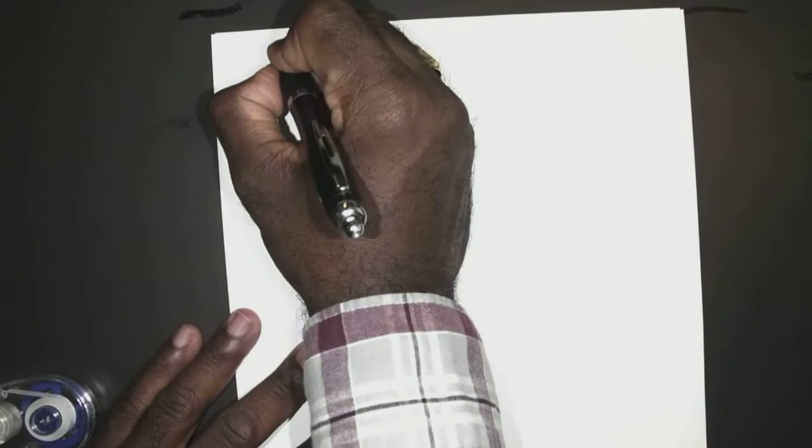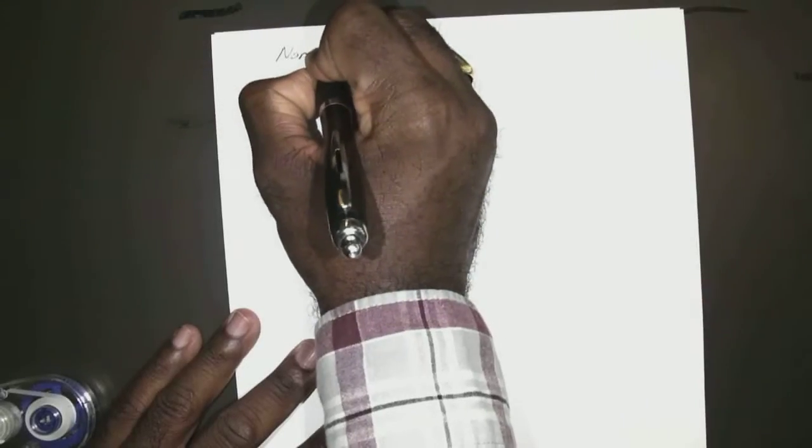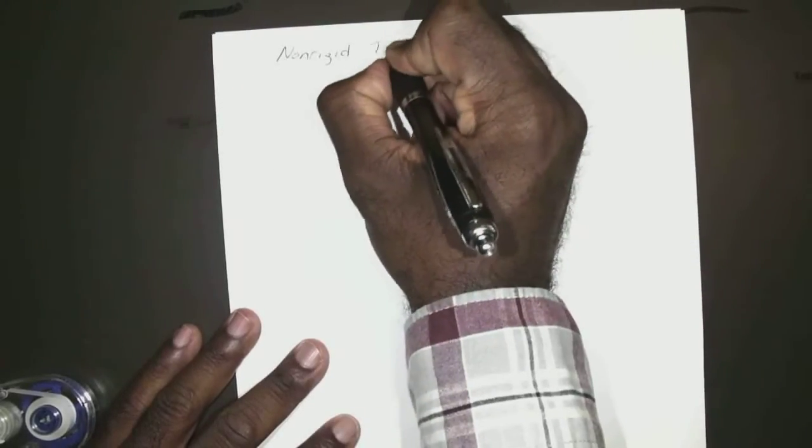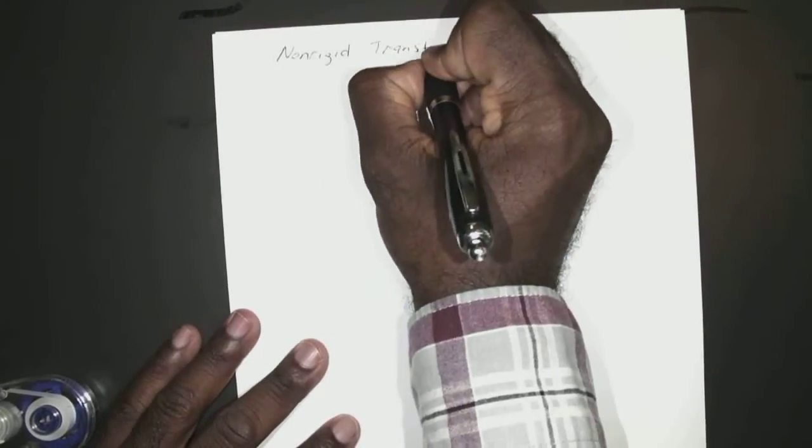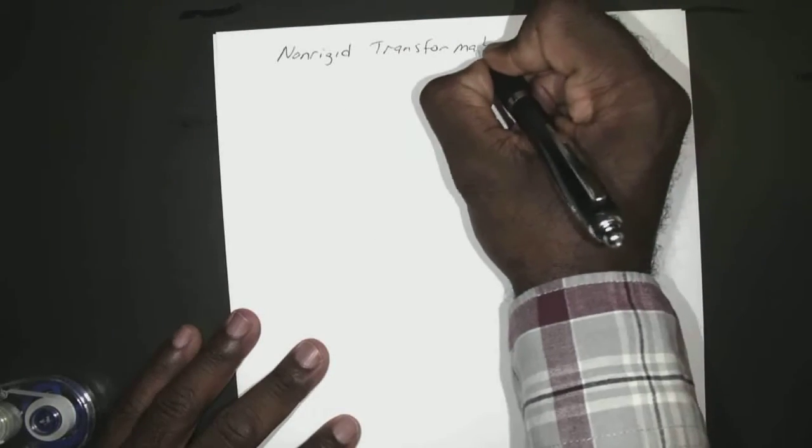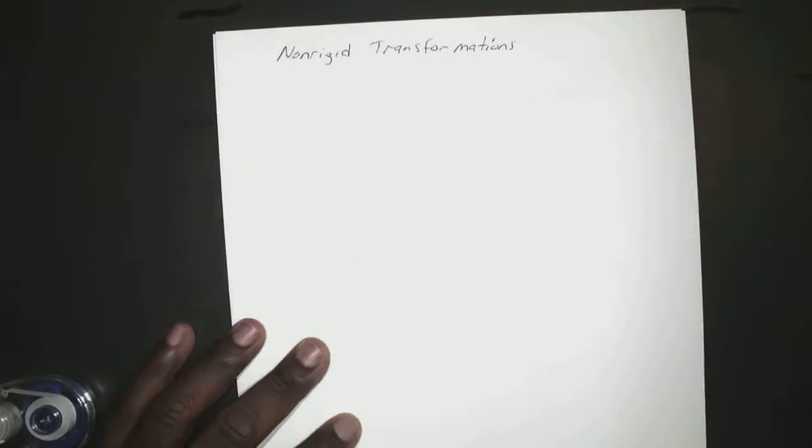Okay, so now we're going to look at non-rigid transformations. Now, up till now, all of our graphs have been the exact same shape. We either shifted it left, shifted it right, up, down, we flipped it, but it never changed its actual shape.